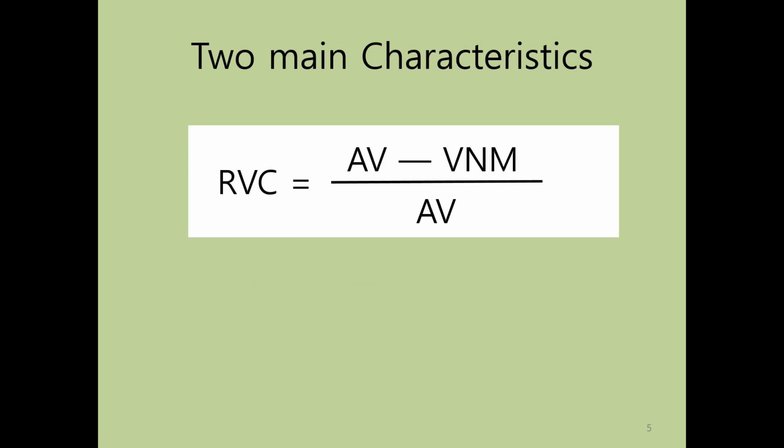I will change the formula for your better understanding. Let's divide the two numerator terms, AV and VNM, by a common denominator, AV. This way and this way, and that changed the formula.